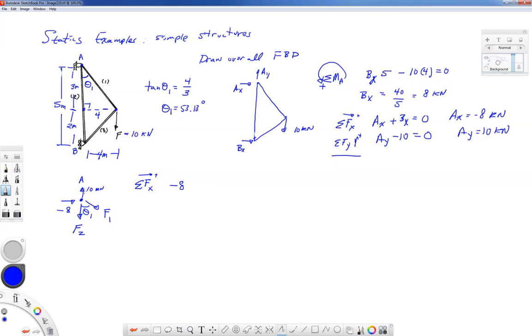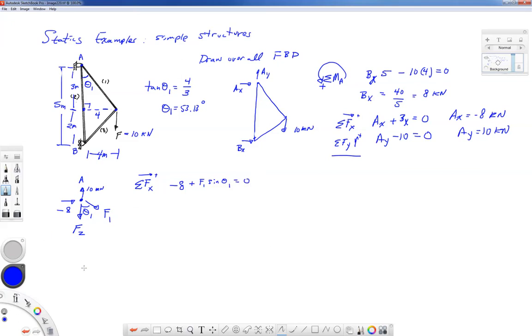And we don't have any component of 10 in the x direction, don't have any component of F2 in the x direction, but we do have a component of F1 in the x direction. It's going to the right, as I've assumed it here, so I'm going to have plus F1, and we need to think about this. Do I need the sine theta component or the cosine theta component? And in this case, I need the sine theta component for theta 1, equal to 0 for equilibrium.